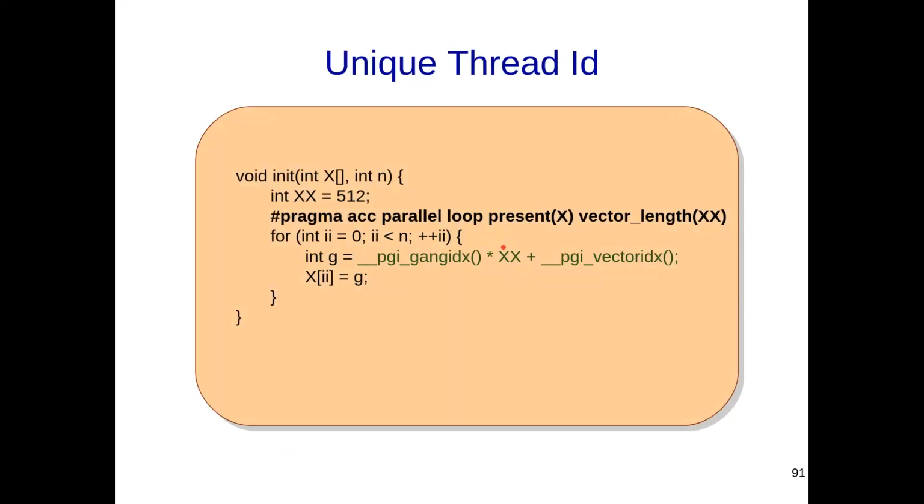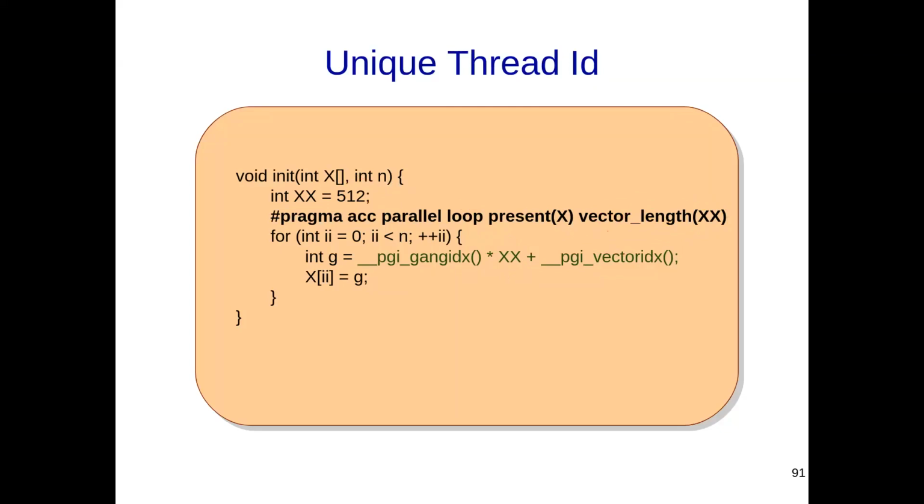it is by default going to be, let's say, 128 in my implementation, but could be different for your implementation. So in such cases, if you want a unique thread ID, you don't want to put this 128 as a hard coding. In contrast, what you can have is, let's say, some variable xx, and you specify that vector length as part of the pragma.